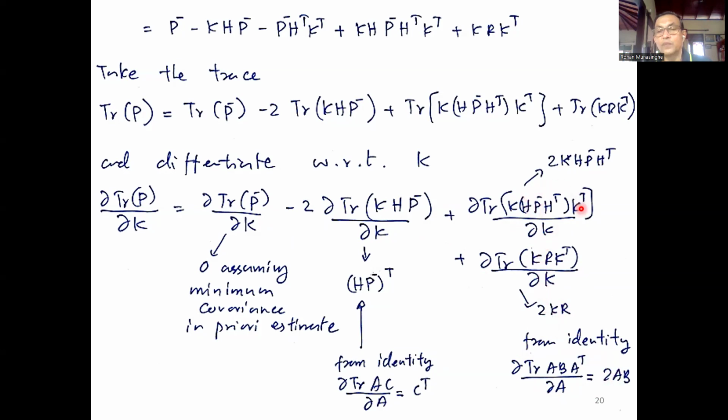So the answer here should be 2 times, this is A, this is B. Here, this is A, this is B. Okay? So like that, then we can write down the right-hand side.